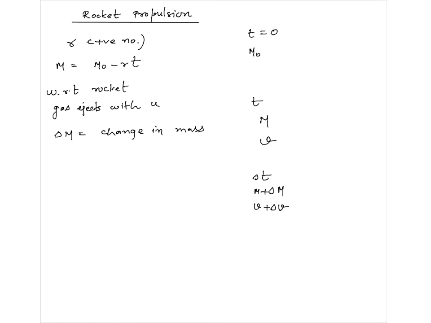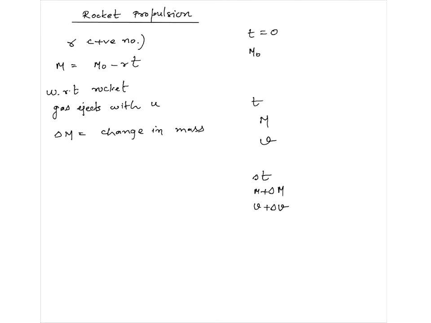Now when I say V, the velocity of the rocket, it is all with respect to that stationary observer. But U, the velocity of the gas with respect to the rocket, is with respect to the rocket. If you want to apply conservation of linear momentum, you should have only one observer.